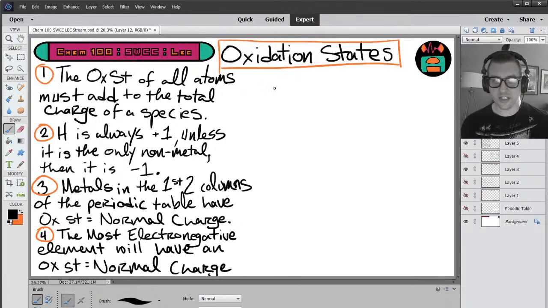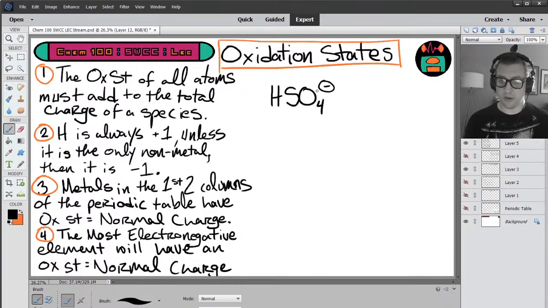Let's assign oxidation states for every element in bisulfate, which is a polyatomic ion. All right. First rule that comes into play is rule number 2, because we have a hydrogen. It's present here with other nonmetals, so it will have an oxidation state of +1. Sulfur and oxygen are not metals in the first 2 columns of the periodic table, so rule 3 doesn't apply.